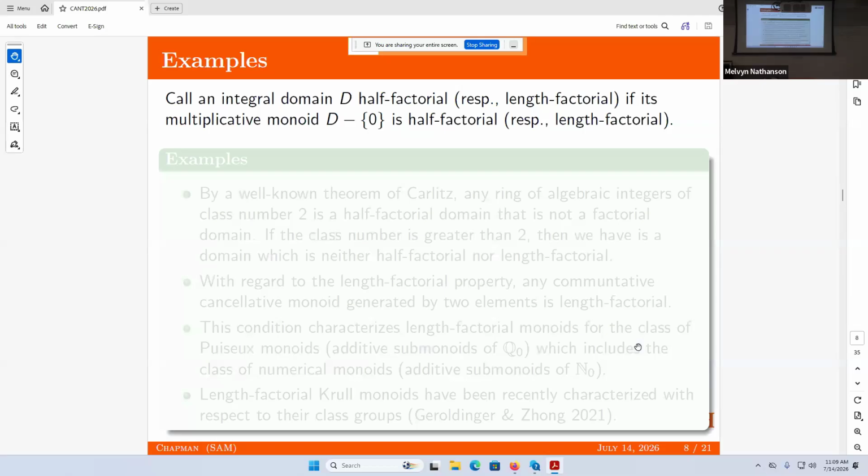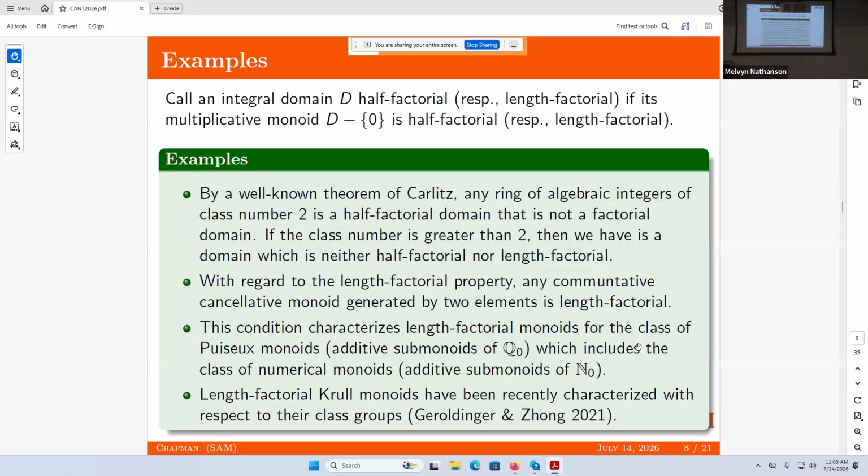Just to mention, and a couple of these examples were mentioned yesterday, there are these things flying around in the literature. For half factorial, the most prevalent example is a ring of algebraic integers of class number 2. Carlitz showed that this is a half factorial domain.